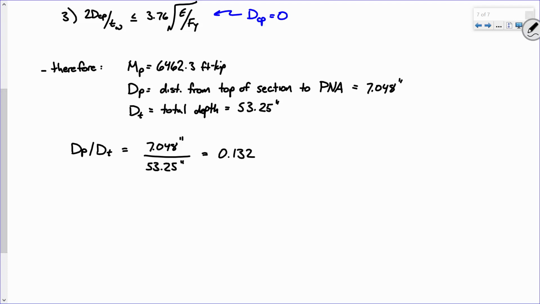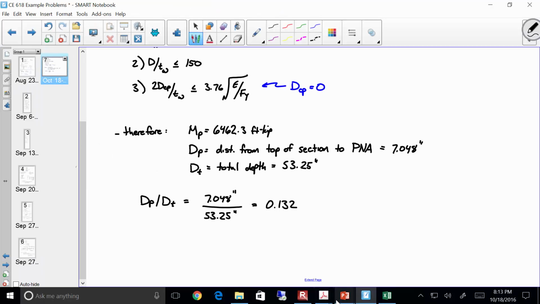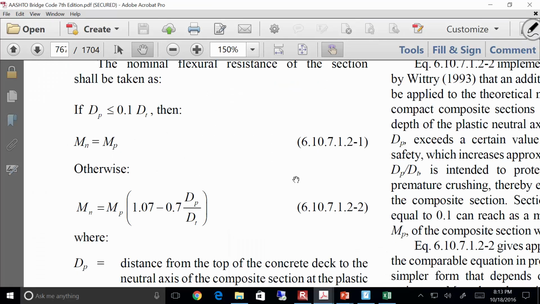So I'm just going to pop the spec up real quick. If dP over dt is less than 0.1, here's your capacity. Otherwise, your capacity is predicted by that equation, and it really is just plug and chug.